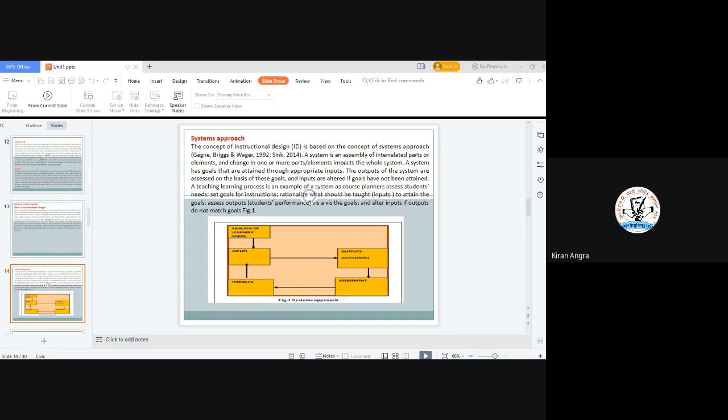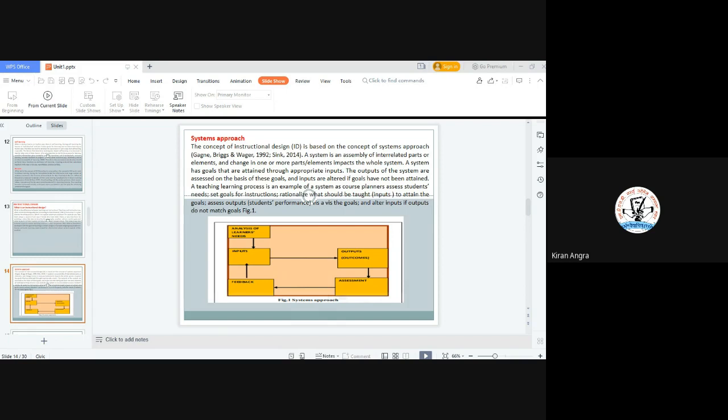So, what are the different models of instructional design? There are various models, like we understand there are models on which a system works. Similarly, a model is thus a particular way of carrying out a process. And there are various models for designing the instructions.